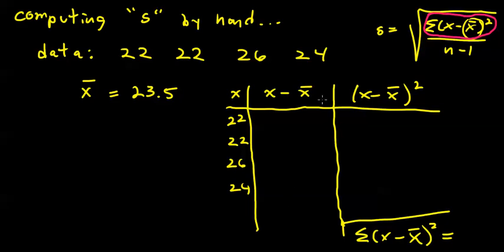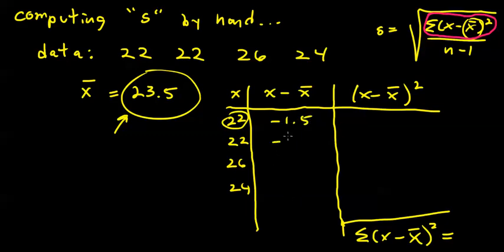I've got 4 values of data, so let me write them in the data column. X minus X bar, well, X bar is 23.5, so if I take 22 and subtract 23.5, I'll get a negative 1.5. And I'll fill in this X minus X bar column. For each value of X, I subtract 23.5. There's a 24 there, the last row.